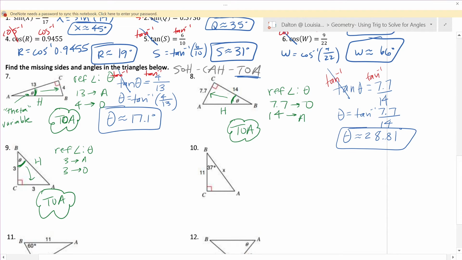Okay, so let's set up our equation. Tangent of theta equals opposite over adjacent. These are both the same, so I'm going to have 3 over 3. If I want to get theta by itself, we're going to do just like we did the last couple of problems. I need to take the inverse tangent of both sides.